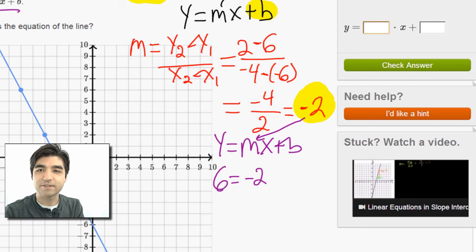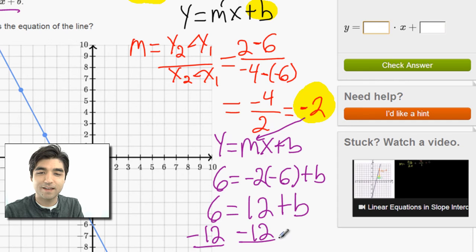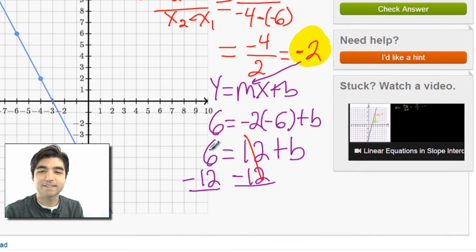Our x value equals this -6, and we are looking for b. So we have 6 equals -2 times -6, which equals +12, plus b. And then we're trying to solve for b, so we need to subtract 12 on both sides. And our 12s cancel out. And then we have 6 minus 12, which equals -6, equals b.